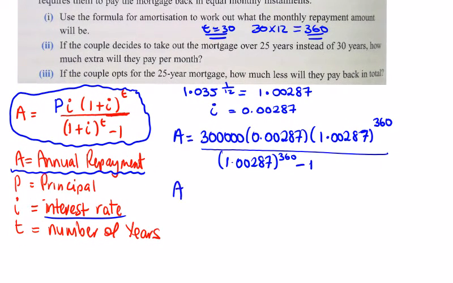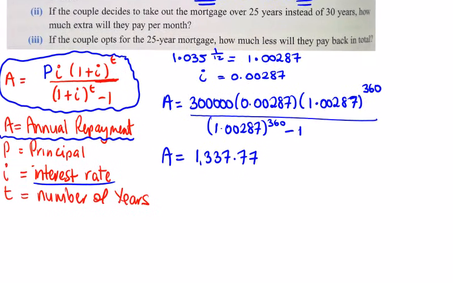So I'm typing this into my calculator and checking it twice. I get 1337.77. So what does this mean?